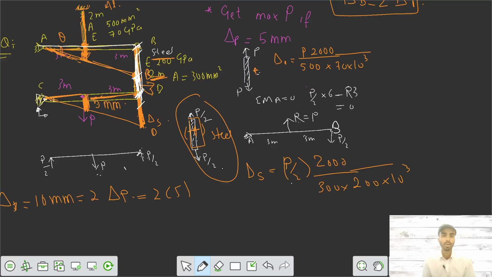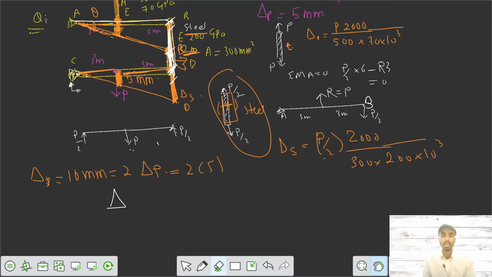That part also has to be accounted for. So I would say delta D equals 10 mm. It has to be equal to delta B.